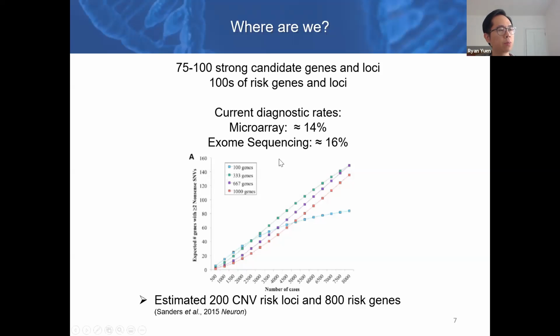Whereas if you have exome sequencing, which only detects single nucleotide variants, frameshift mutations, or indels, you will find around 16%. So combining the two will be around 20%. And in 2015, there was a paper trying to summarize this and extrapolate to estimate how many genes or loci would be responsible for autism. And the estimation was around 200 risk loci and 800 risk genes.